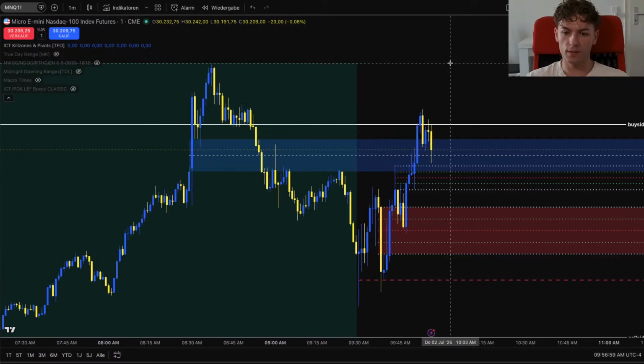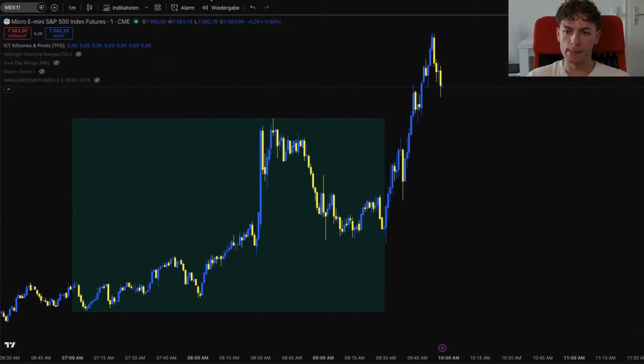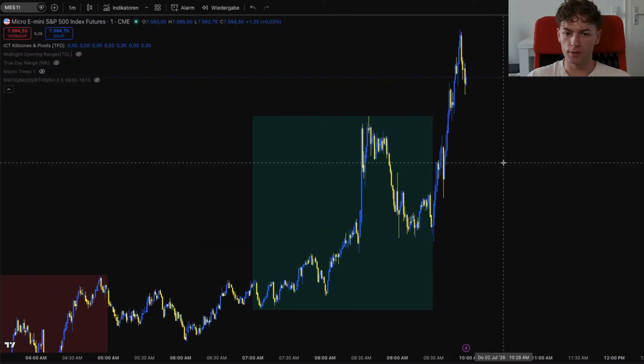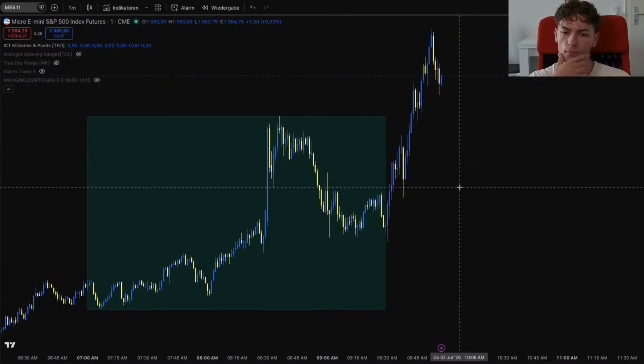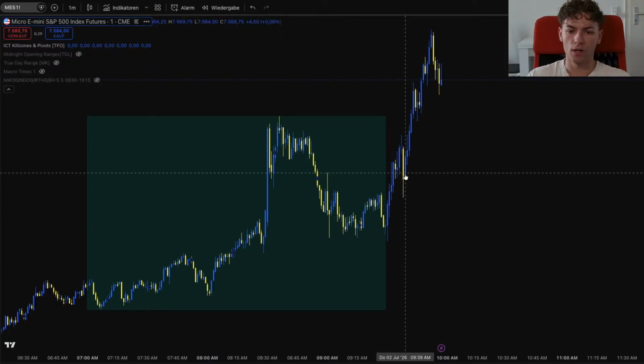So yes, seems to be quite strong on the upside, but this is more volatile right now. So we don't have this high resistance right now.